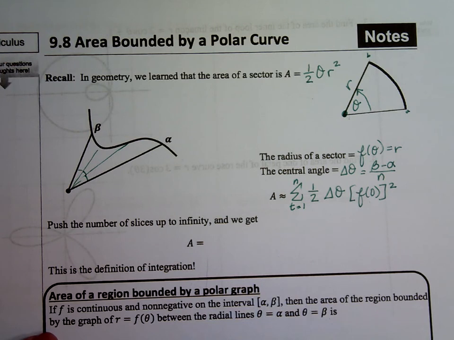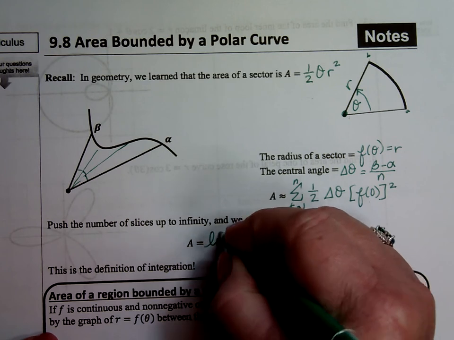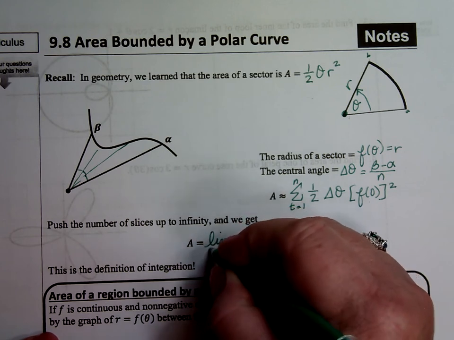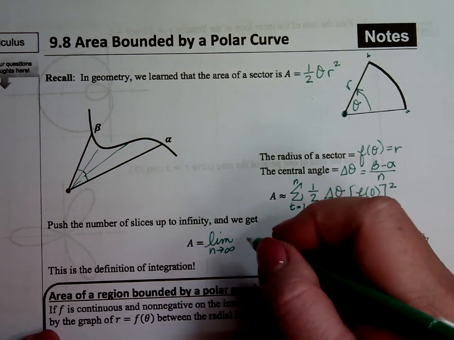All right, let's take it up one more notch. How many rectangles, how many sections can I make in this? And you can make an infinite number of sections. The more sections you make, the more accurate your answer, just like Riemann sums were.